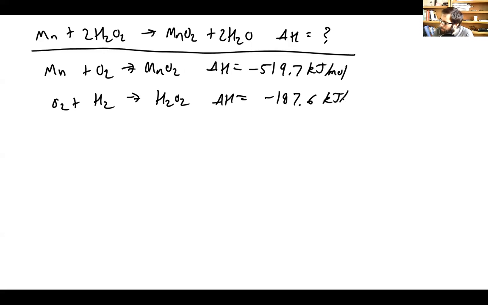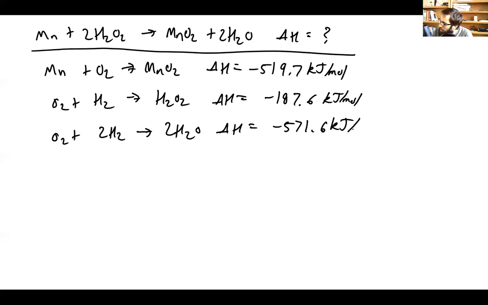That delta H is given to us all in the same units of kilojoules per mole. And one last one, burning of hydrogen and oxygen gives water, and that has a certain change in enthalpy. So that's what's given to us in the problem.